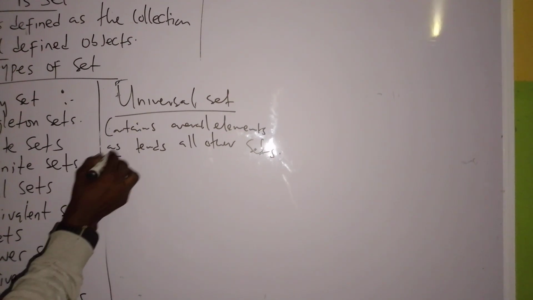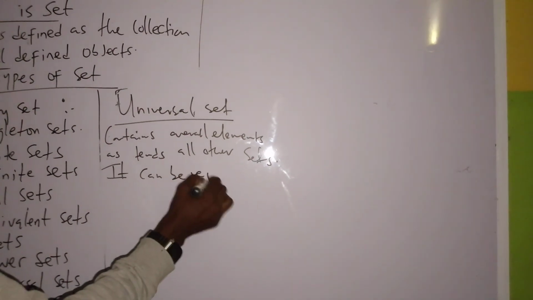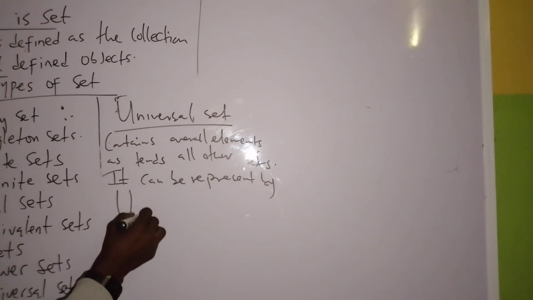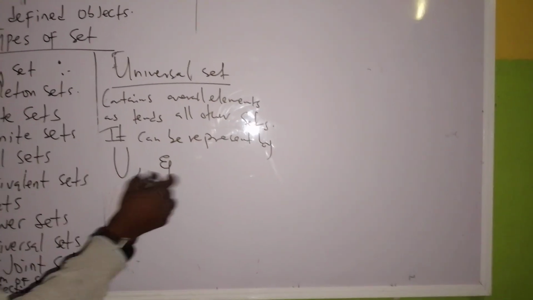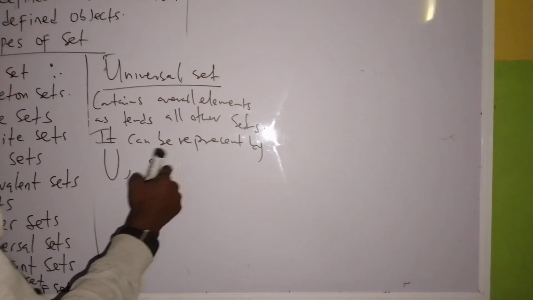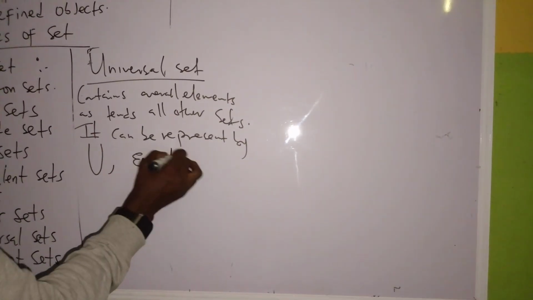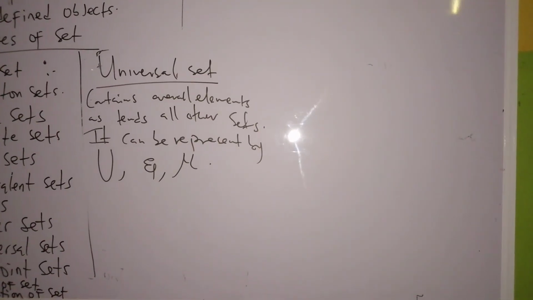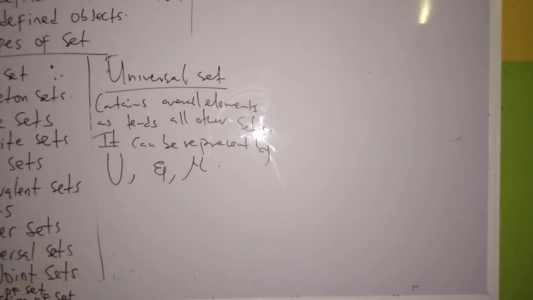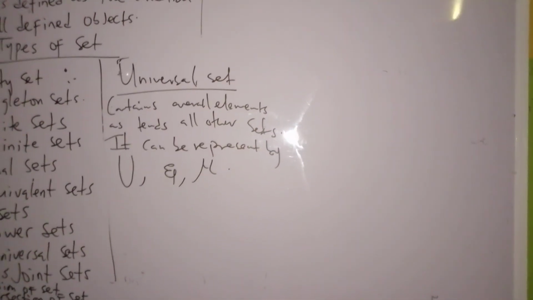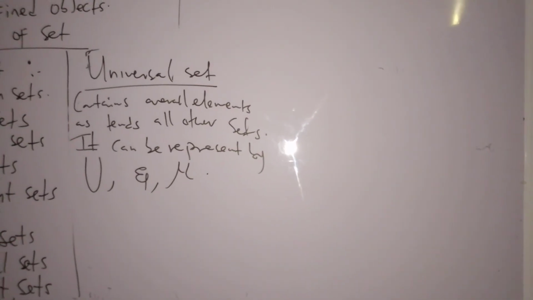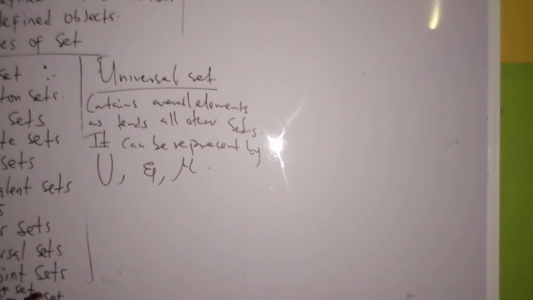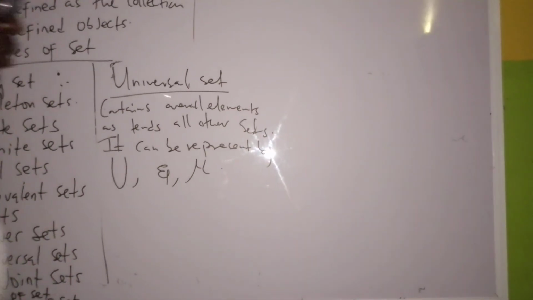It can be represented by this long U, and you can also use nil to represent it. Any of these three symbols, you can use. You can use the set of integers, positive and negative numbers, as your universal set, or all numbers, odd numbers, or whatever, depending on what you are solving.